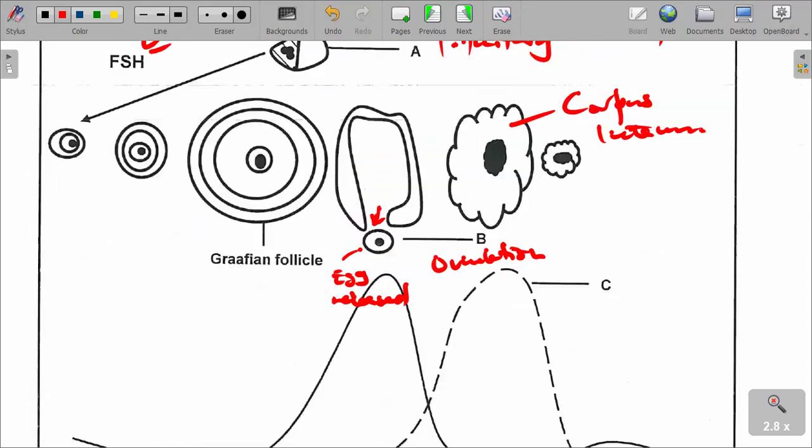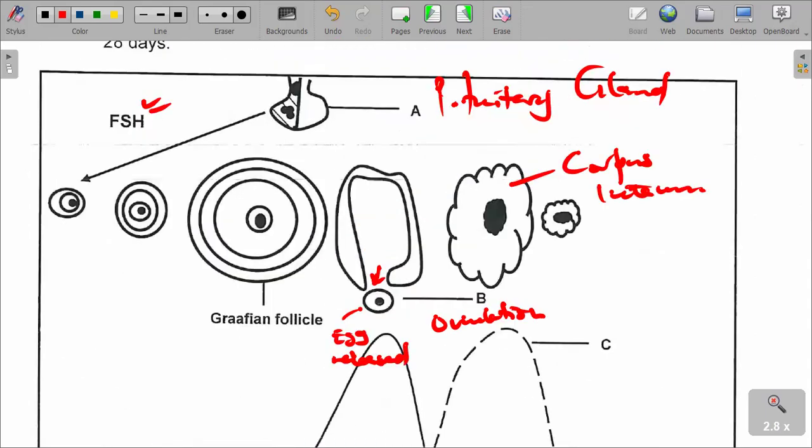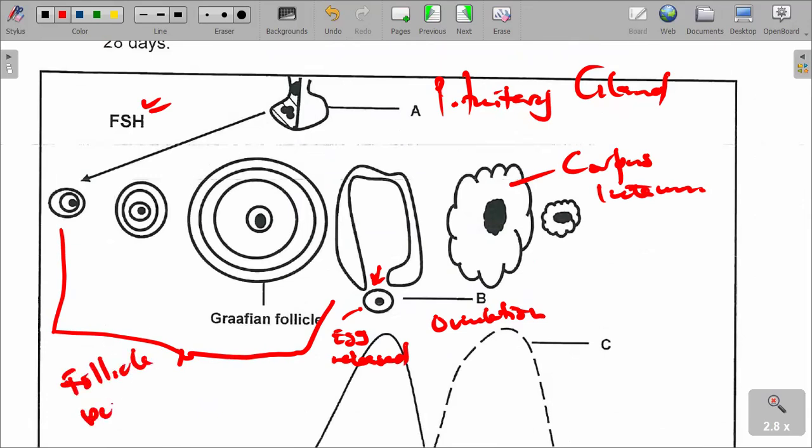Process B. I said that we can see that it is ovulation. We are seeing follicles maturing from this stage. We are seeing the maturation of follicles, we are seeing follicle development, and then at B we are seeing the release of the mature egg.